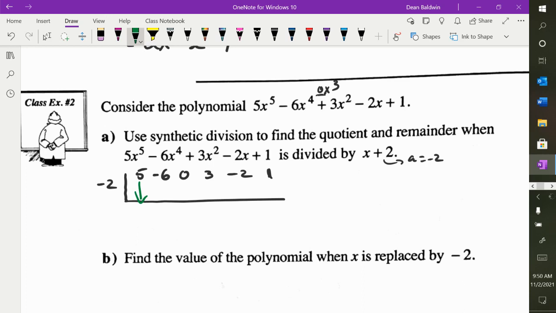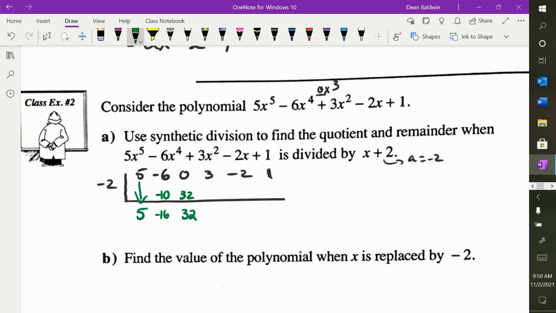All right. Do you want to just try it on your own? No. Drop the 5 down. -2 times 5? -10. Under the 6. Add them together. -16. The numbers are going to get big here. -2 times -16 is 32, under the 0. Add them.